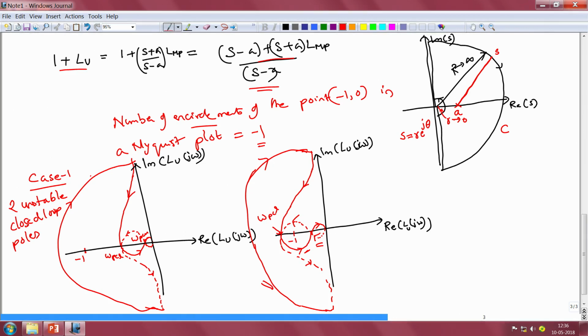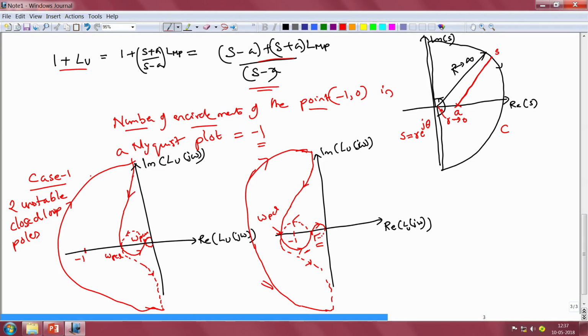And if we go back to the rule that we need to apply in order to determine the stability of the closed loop system when you have one unstable pole, we note that this particular encirclement satisfies that requirement. The number of encirclements of the point -1 in the Nyquist plot has to be -1, or there should be one counterclockwise encirclement, for the closed loop system to be stable and to not have any of the zeros of 1 plus Lu, which are the closed loop poles of our system, on the right half of the complex plane.